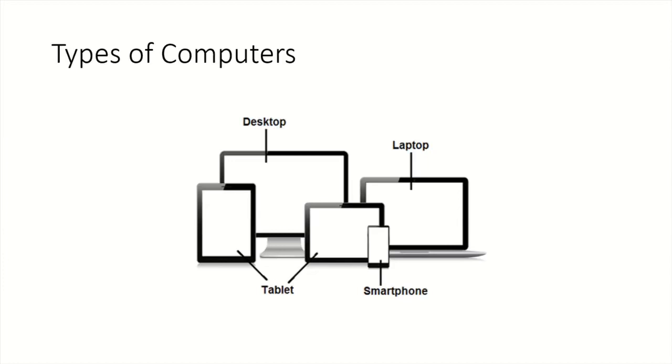Then the one that is almost ubiquitous is the smartphone. Almost everyone has a smartphone, right? Except for a few individuals, but most of us now have smartphones. We don't usually see or think of smartphones as computers, but really they fit perfectly into the definition of what a computer is.